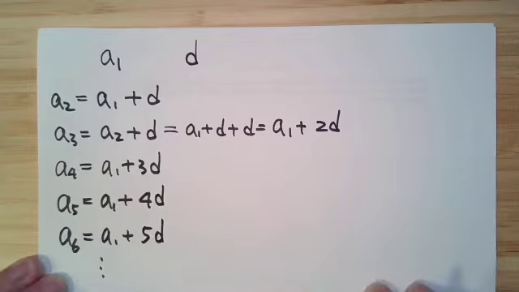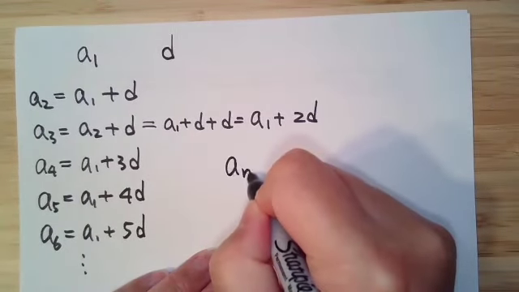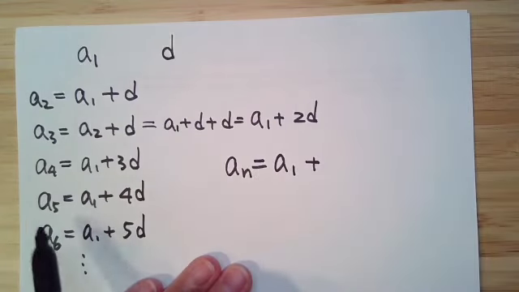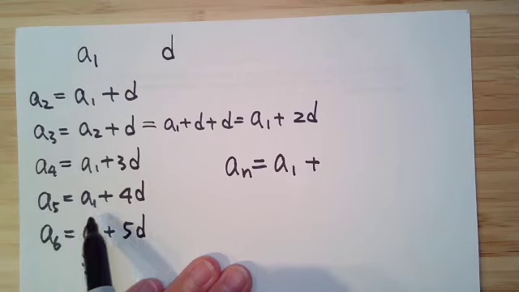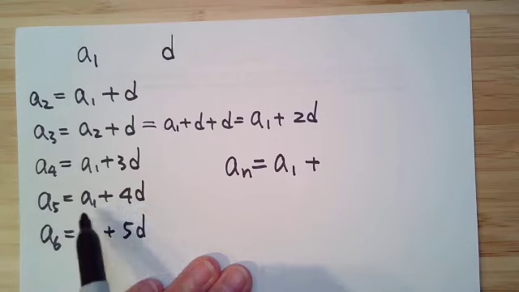Keep going. What can you tell? I can give you the formula. AN equals A1 plus, look, A5 is A1 plus 4D, not 5, 4. So it's 5 minus 1.